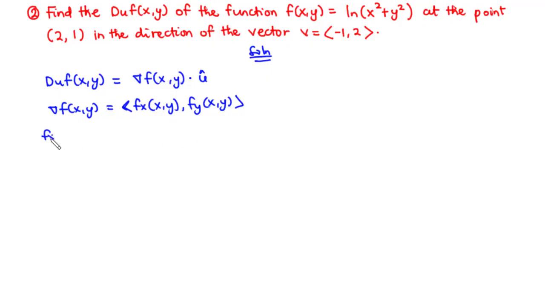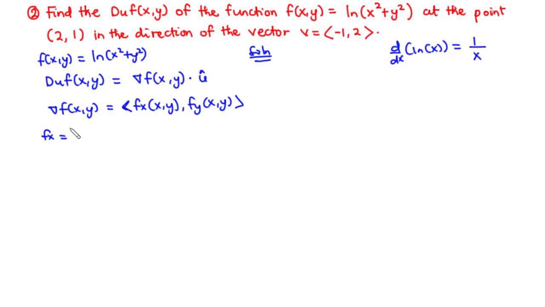So we have fx, considering the function f of x, y to be equal to ln of x squared plus y squared. Now assuming that you have d/dx of ln of x, you are going to differentiate x with respect to x. You have 1 divided by, you are going to repeat x.